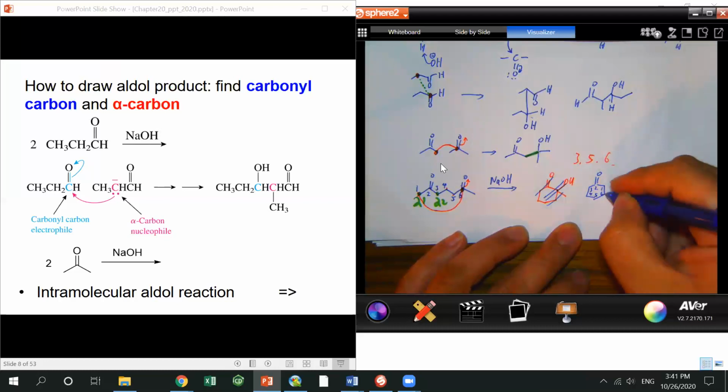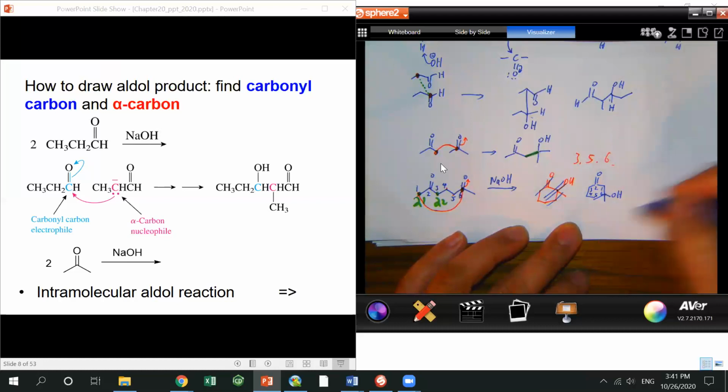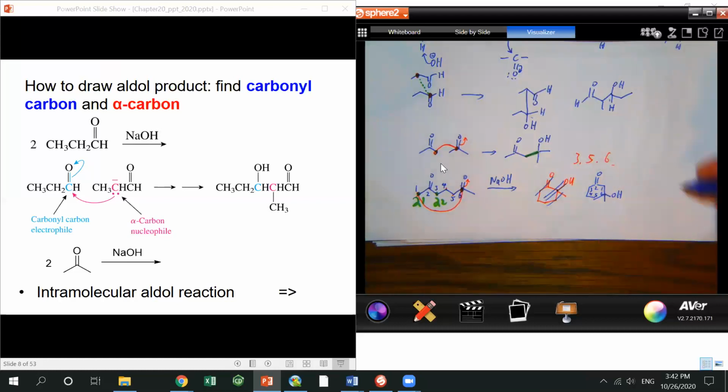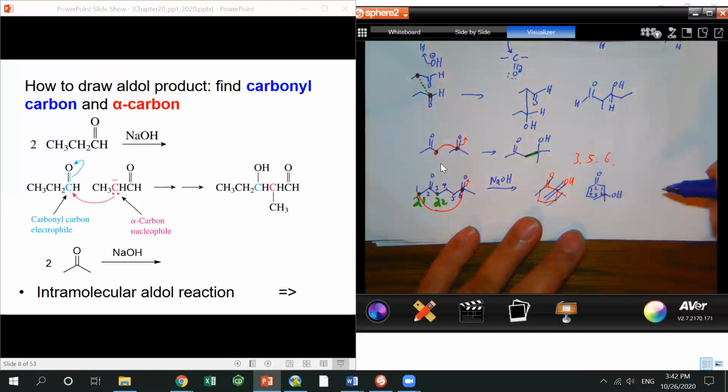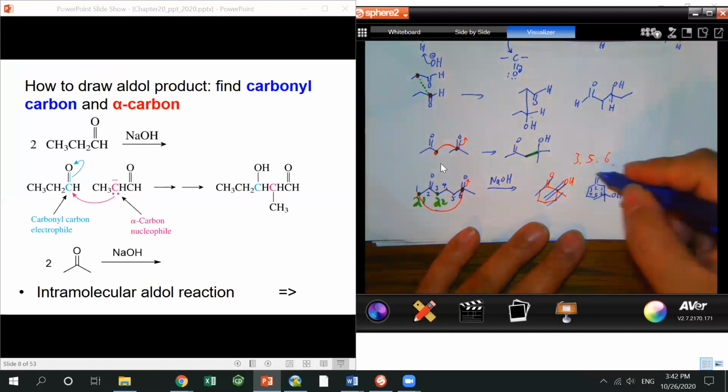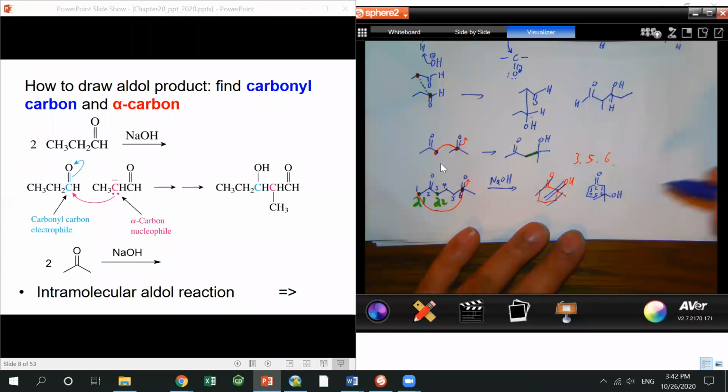On carbon 6 you have the OH and the methyl group, on the alpha carbon. That's why you have to count the carbon numbers, and that gives a 6-membered ring. Carbons 1 to 5 have nothing, and on 6 you have the OH and also the methyl group.